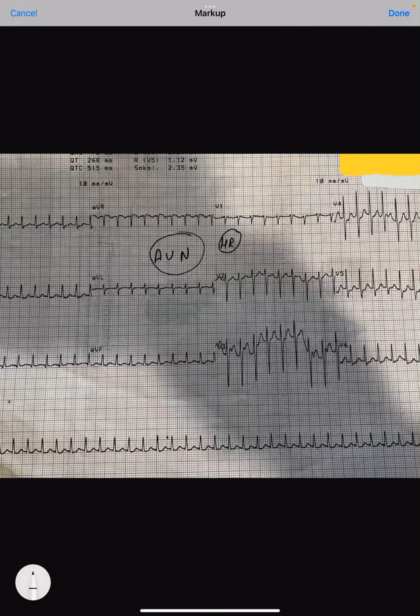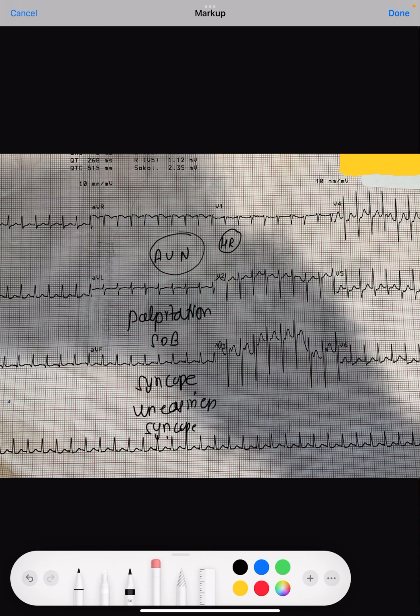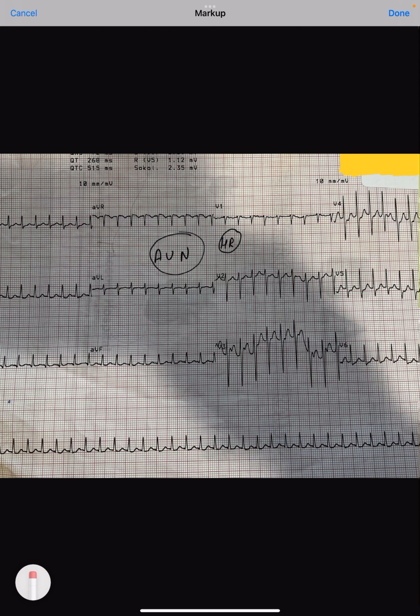Most of the time patients will have symptoms of palpitations, shortness of breath, syncope, sweating, uneasiness, and many patients may collapse as well. So this is a very typical ECG of a patient presenting with palpitation, syncope, dizziness, uneasiness, and diaphoresis, that is significant sweating, with such a huge heart rate.